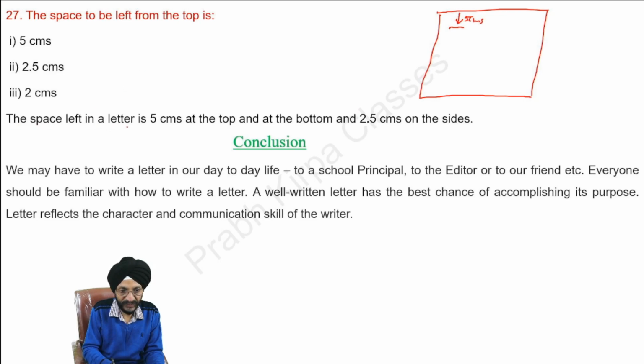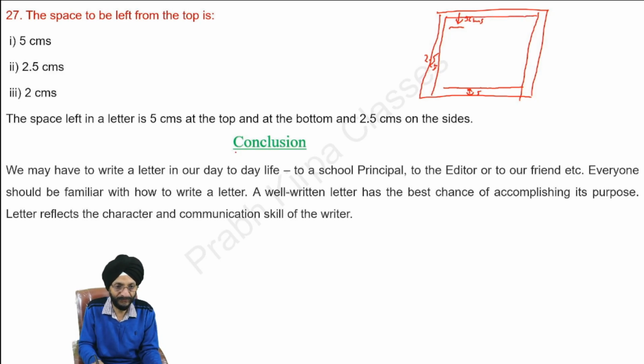The space left in a letter is 5 centimeter at the top and 5 centimeter from the bottom. That is, you should stop writing from here. This is 5 centimeter. And on the sides also, 2.5 centimeter should be left.